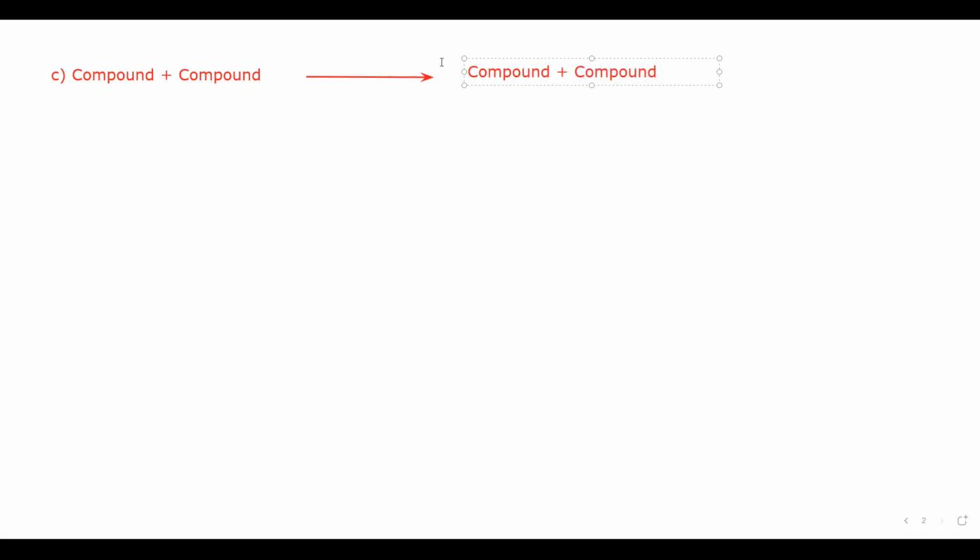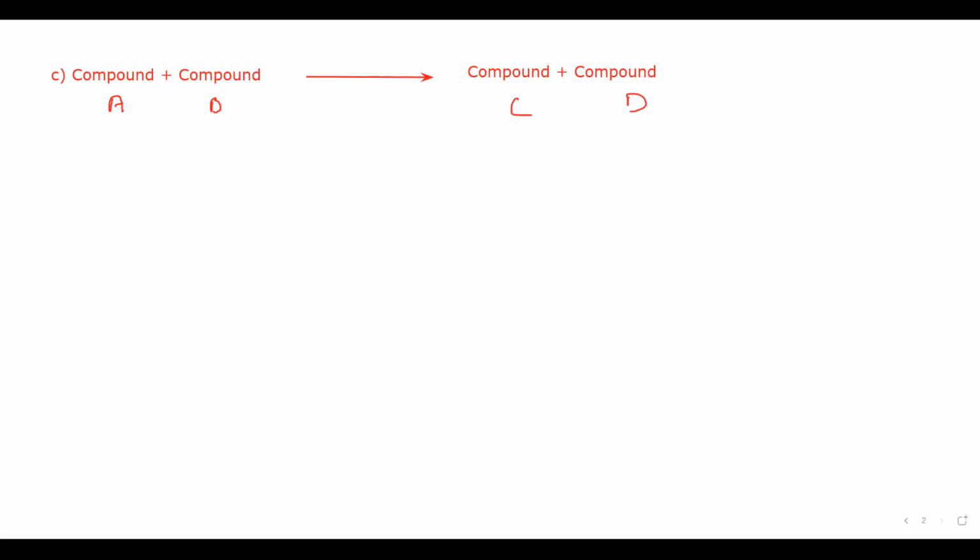So how can we distinguish? If compound A is reacting with compound B, this will result in the formation of compound C and compound D. This type of reaction is known as the double displacement reaction. And how will it occur when two compounds are mixed together?